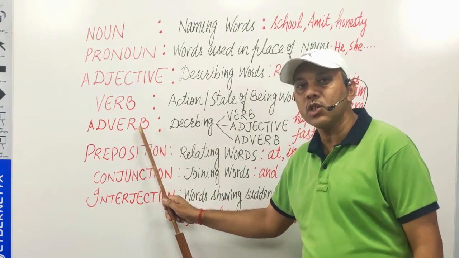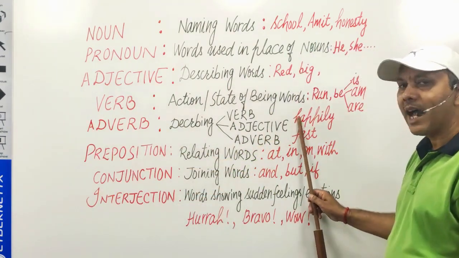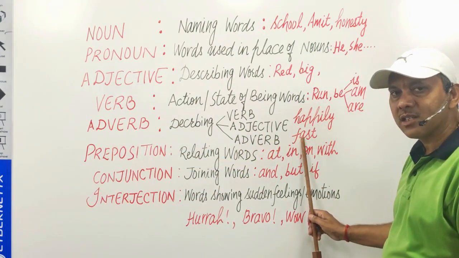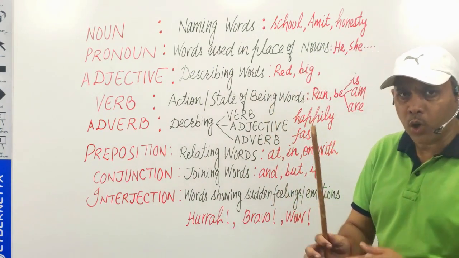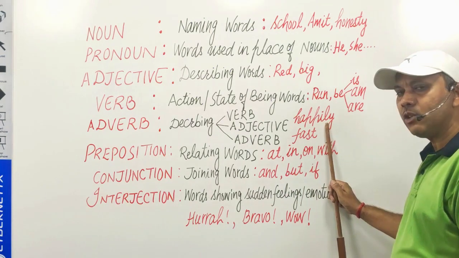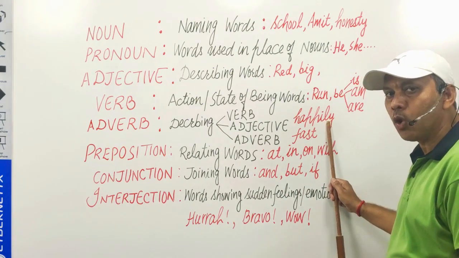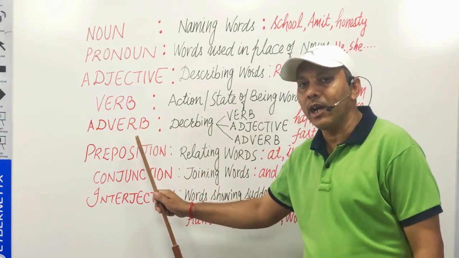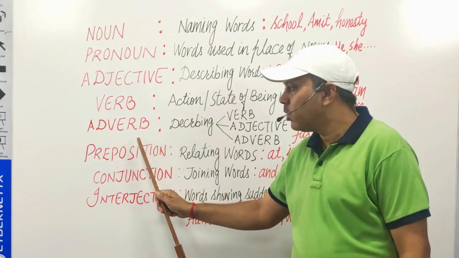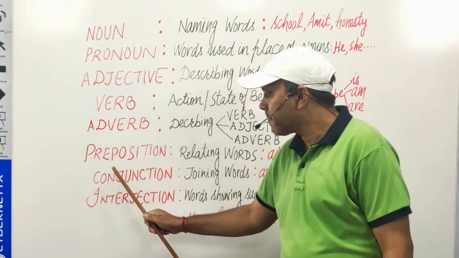Sometimes adverb describes the whole sentence too. For example, happily, fast, consequently, fortunately. Almost all the words ending with ly, not 100%, but usually most of the words ending with ly are adverbs in a sentence. We will discuss in detail later.